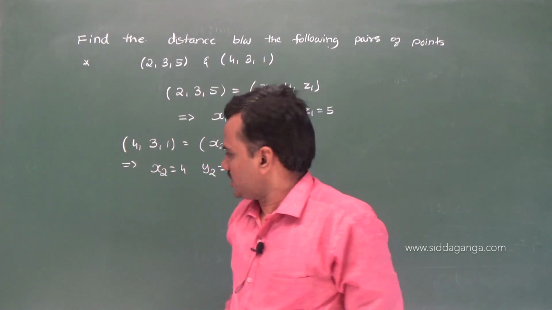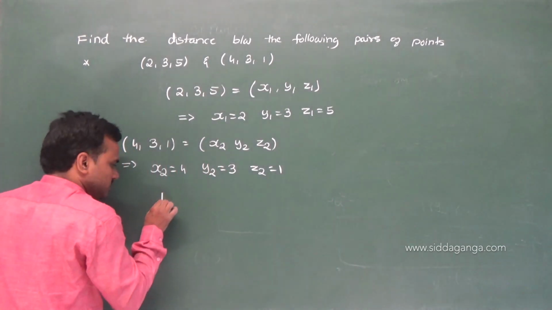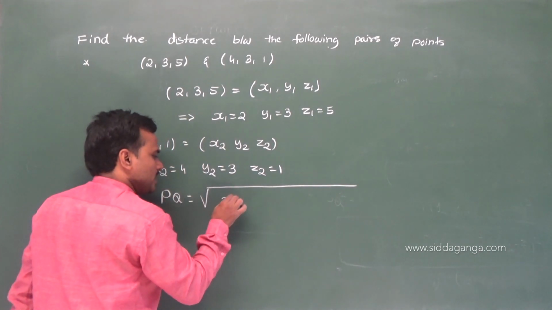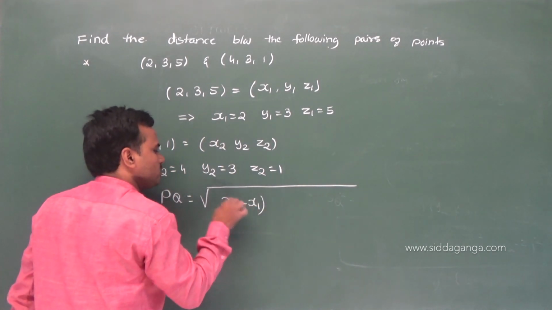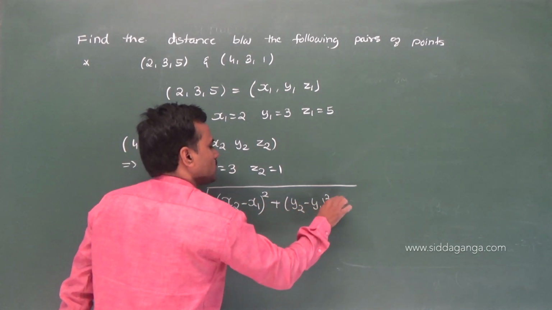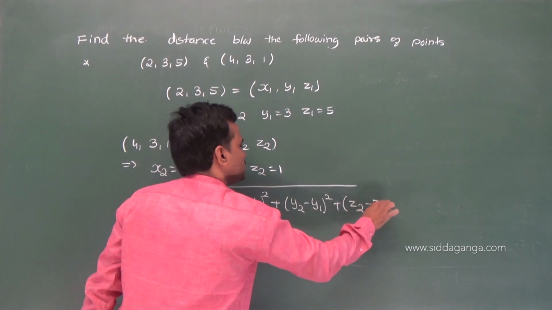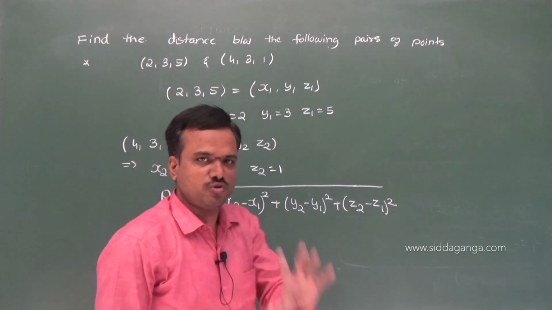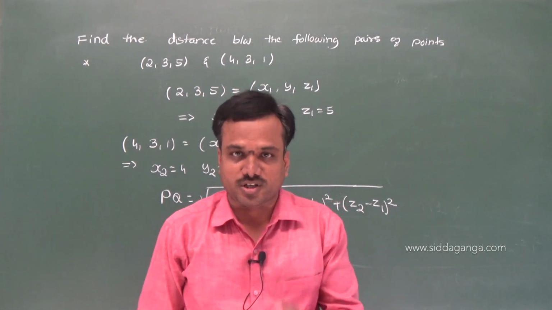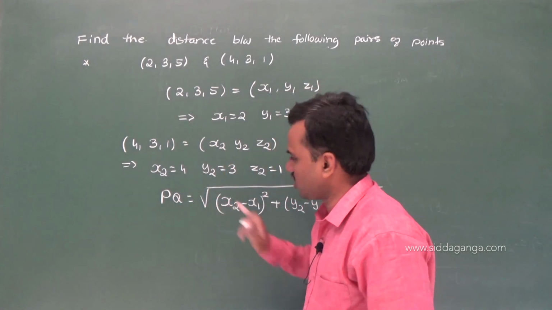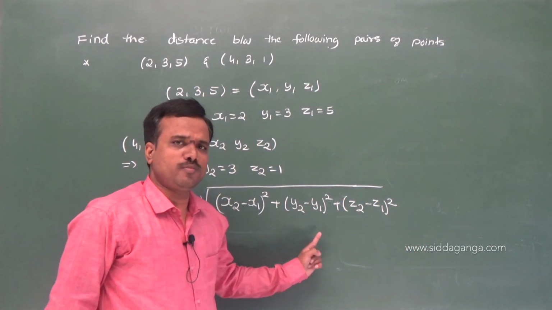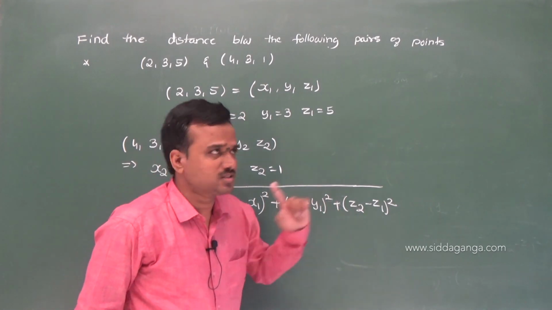This is the first step. We know that the distance between 2 points PQ in space is given by the square root of X2 minus X1 whole square plus Y2 minus Y1 whole square plus Z2 minus Z1 whole square.